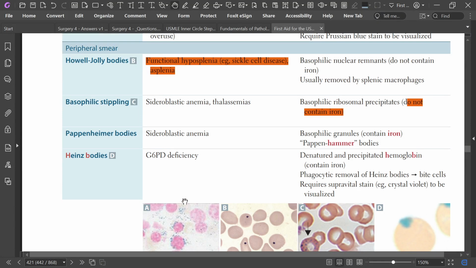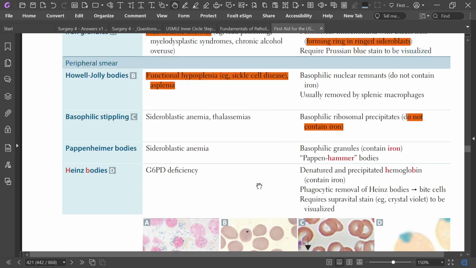Heinz bodies are denatured and precipitated hemoglobin. They contain iron. Phagocytic removal of the Heinz bodies produces bite cells, and they require supravital crystal violet stain to be visualized.